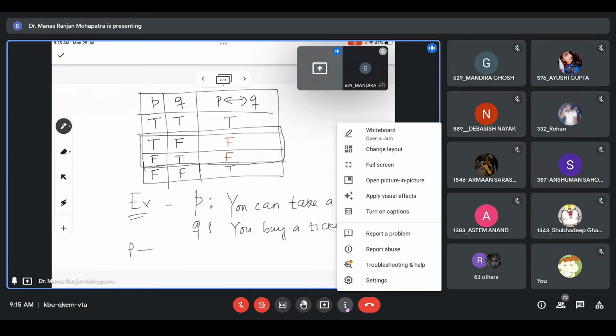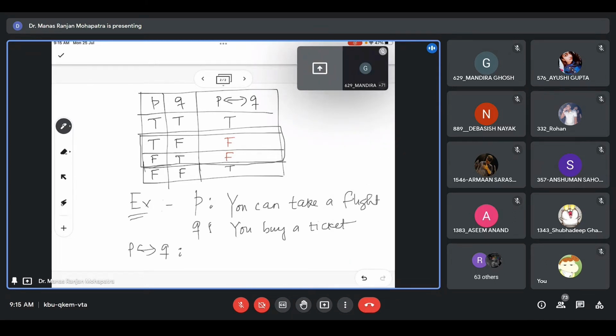Then the biconditional P double implication Q is: you can take a flight if and only if you buy a ticket. So this statement can be understood in this way: if you take a flight, then you buy a ticket. If you buy a ticket, then you can take the flight. That's the meaning of biconditional. It is true both ways.